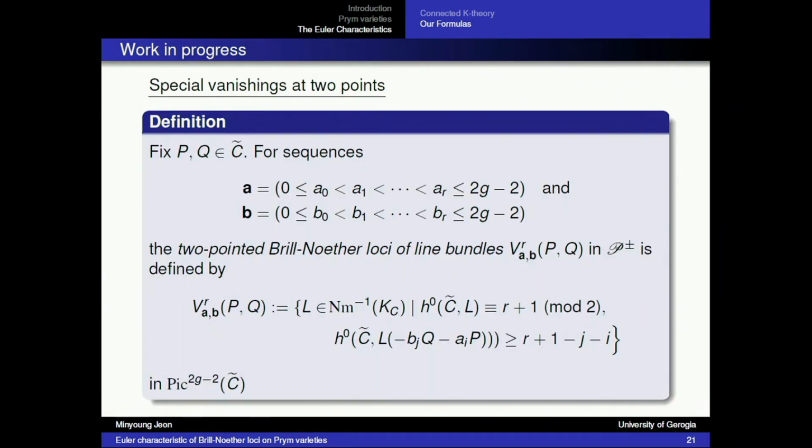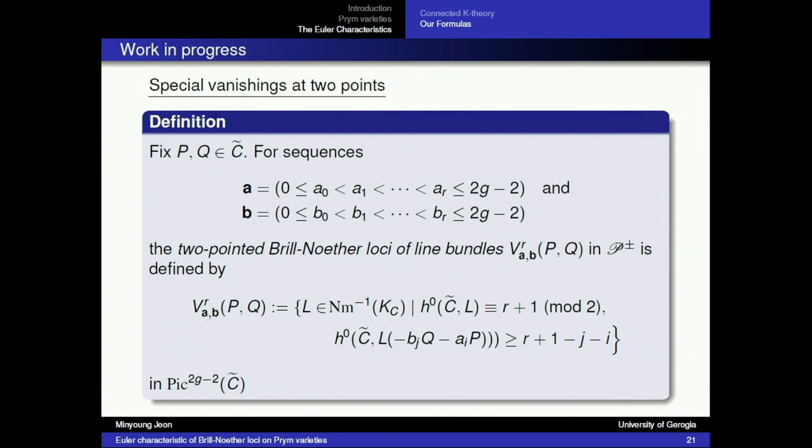For the next step, we can further generalize this pointed loci with two vanishing sequences. As you saw earlier, one vanishing sequence corresponds to just the isotropic flag of the vector bundle. So two vanishing sequences imply two isotropic flags.